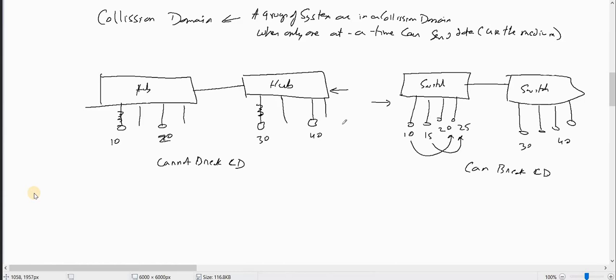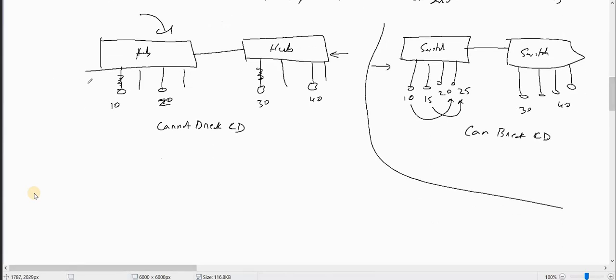I don't want to answer the question of how a switch is breaking collision domains. I have a confusion here itself. Within this hub environment, I was thinking, okay, what is wrong? When 10 is communicating to 20, 30 cannot communicate to 40, I said, because it's all in a single collision domain.